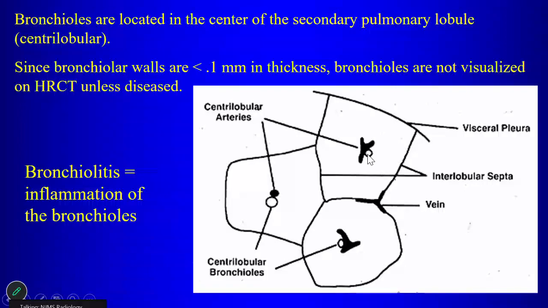So normally, the bronchiolar walls are not visualized on high-res CT. So the central lobular bronchiole, normally we don't see it on high-res CT unless there is some disease. The central lobular artery, though, you could see, that's also in the center of the secondary pulmonary lobule, that we will see on CT because all of this is vascular, so you'll see that.